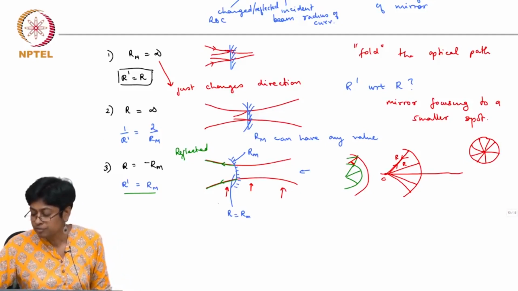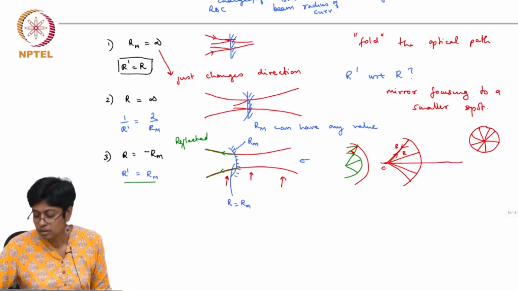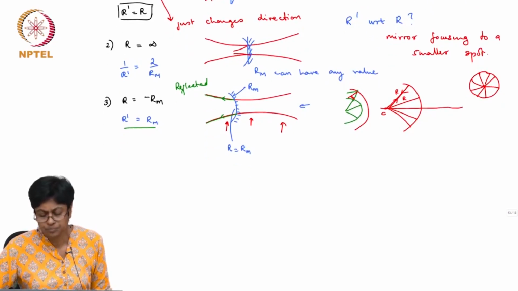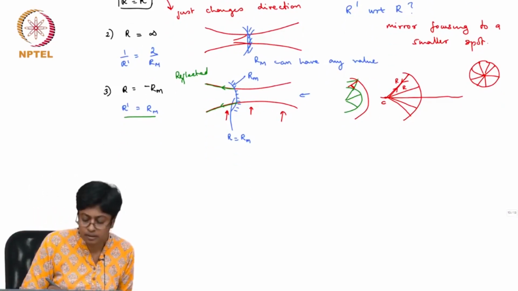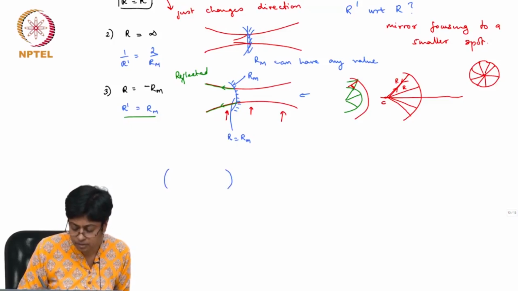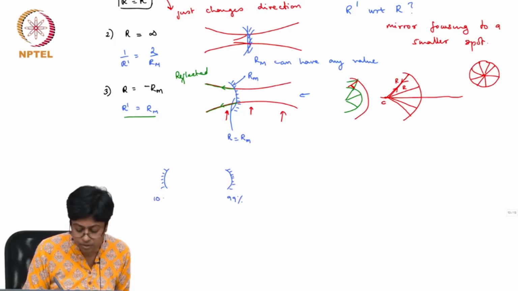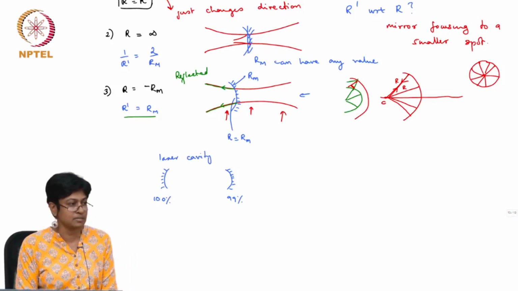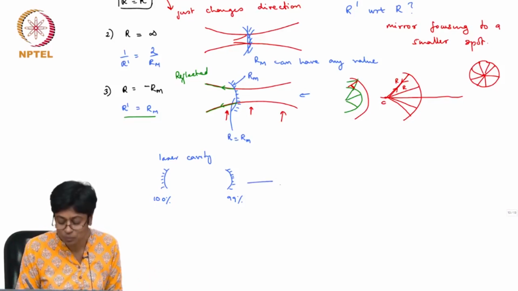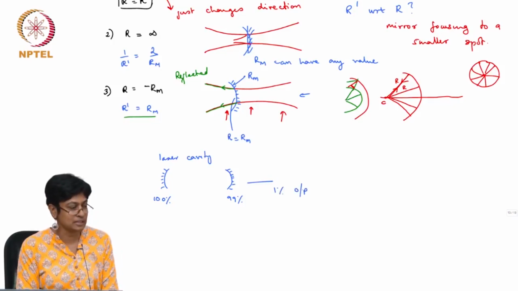Because if you had a laser cavity, one of these mirrors is maybe 99% reflective, this is 100% reflective. Why is it 99% reflective? Because you need an output of the laser, right? So that 1% is your output. That's what you're using as a laser.